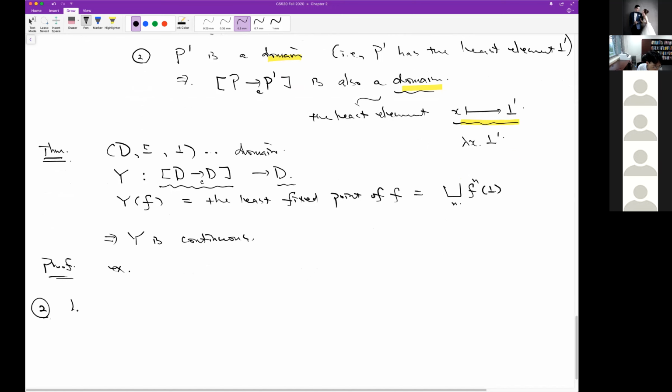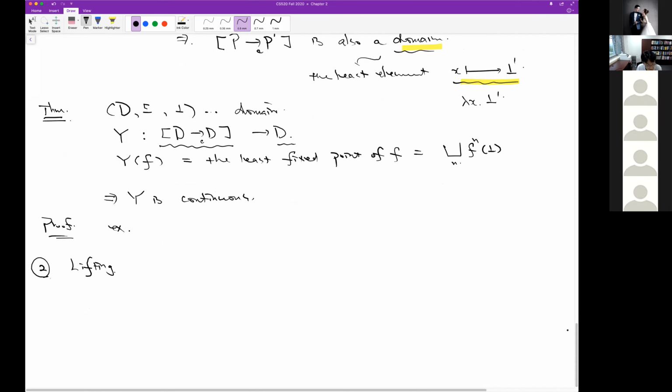The second construction is lifting. And this construction is also pretty simple. So what's the given thing in this case? We have a given pre-domain P. And the purpose of this construction is to produce a domain as an output, using the given pre-domain.